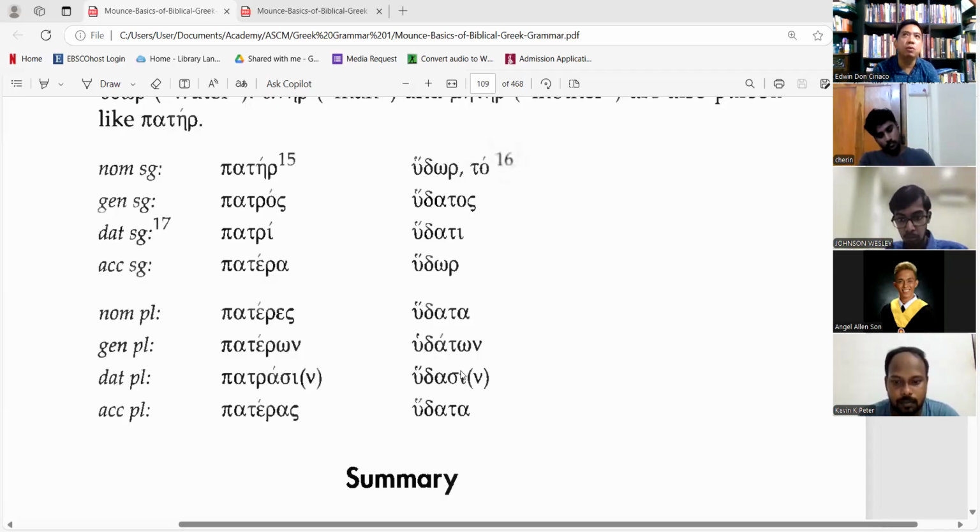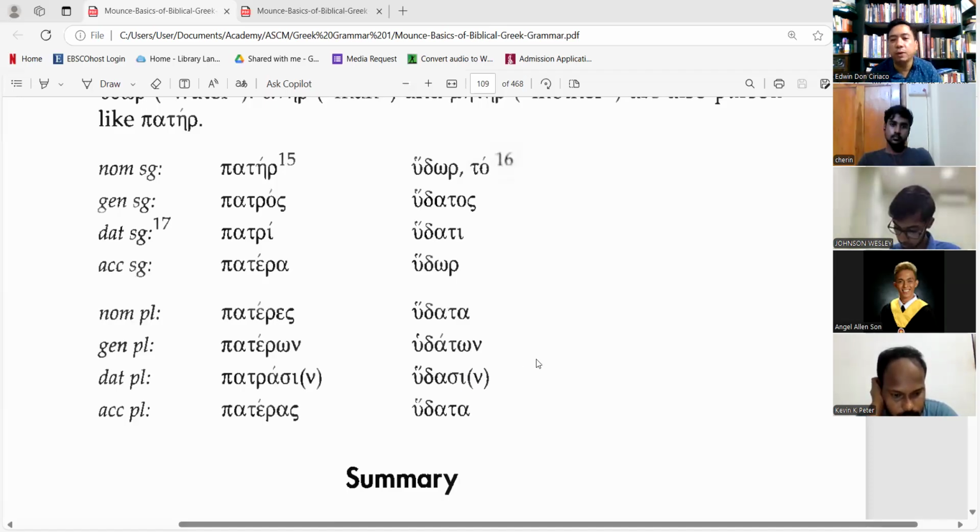You just need to remember especially the ending, okay? The ending is what you really need to always look at. Pater, patros, patri, patera. And these endings are similar with other words within the third declension, okay? Pateres, pateron, patrasin, pateras.